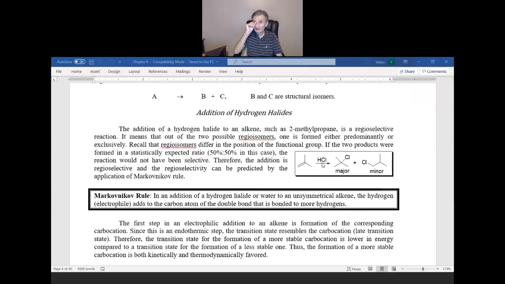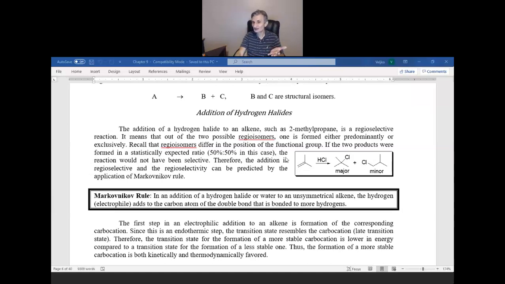Now, the expected ratio is 50-50 because we have addition across a double bond. Addition means that hydrogen adds to one carbon of the double bond and the halogen, chlorine, bromine, or iodine, to the other. Statistically, at random, because hydrogen adds first, hydrogen could add to carbon 1 or carbon 2 with equal probability. So there are 50% odds that hydrogen will end up on carbon 1 or carbon 2.